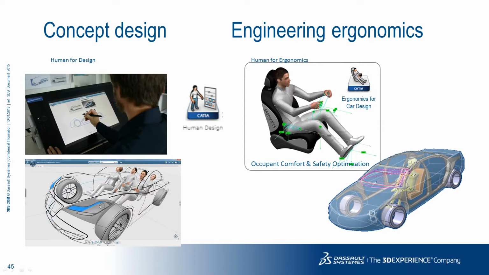You already saw a couple of examples of it with the motorcycle. Really, the three areas are: to enable designers to create better designs by using human references; to use human posture in your design to validate or to create your design; and number three, to understand the proportions and volume by putting a human reference in the design.